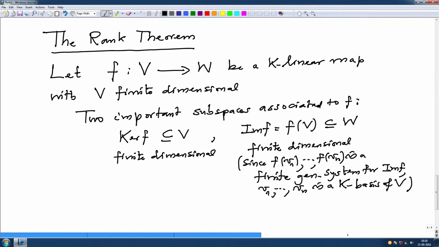Now, the rank theorem concerns the relation between the dimension of the kernel, the dimension of the image, and the dimension of V. So, then what we want to prove is dimension of V equals dimension of the kernel plus dimension of the image.